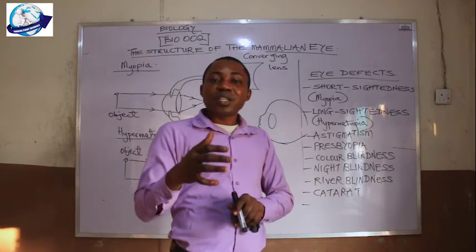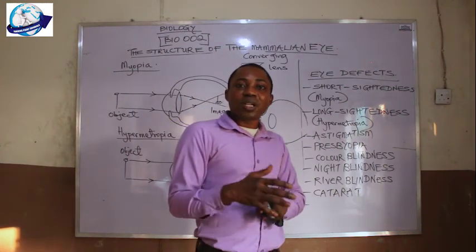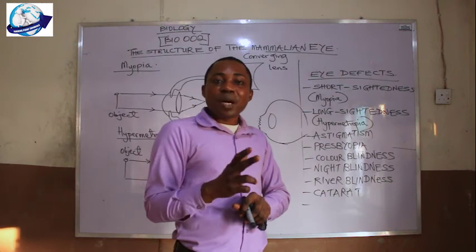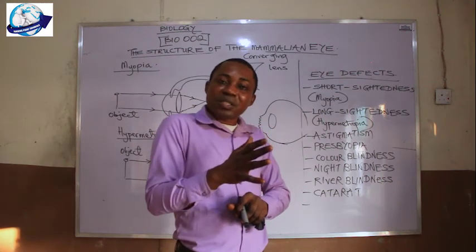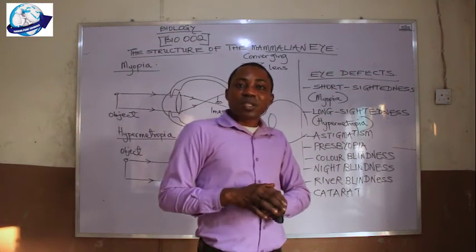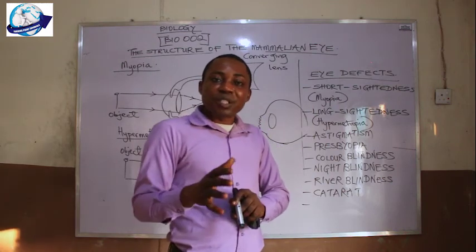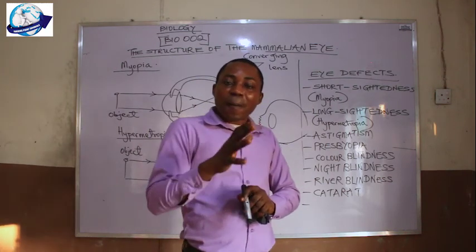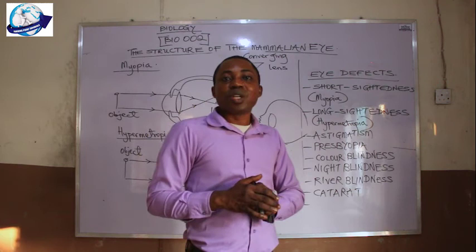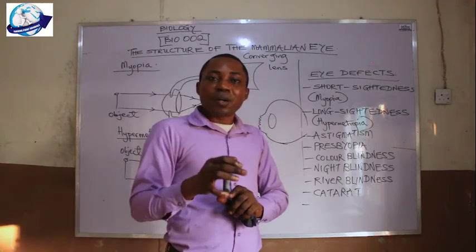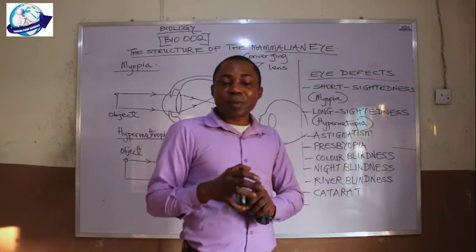Then we will consider ear defects and the mechanism of hearing. Remember, we will discuss the vision mechanism before we introduce the structure of the mammalian ear.